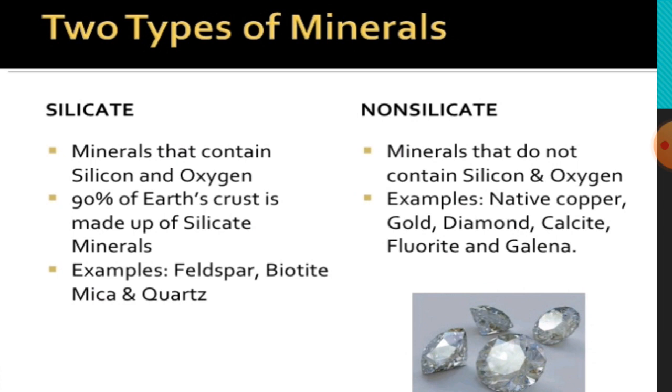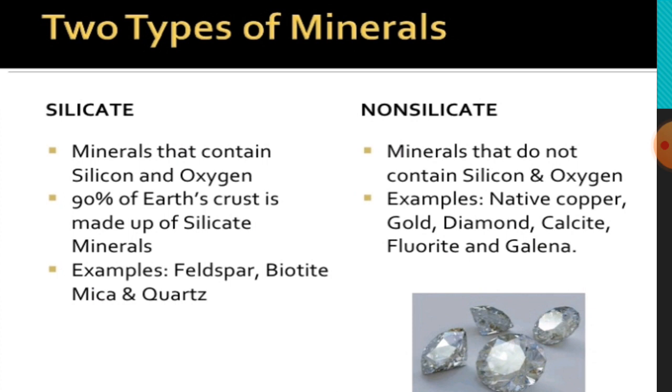About 90% of our crust is made of these silicate minerals. Silicate minerals are feldspar, biotite, quartz, mica, etc. While in the non-silicate group are those minerals which are combinations of oxygen, iron, carbon and sulfur. These minerals do not have silica content. For example, copper, gold, calcite, fluorite, galena.